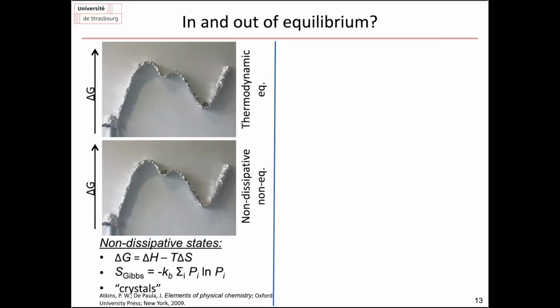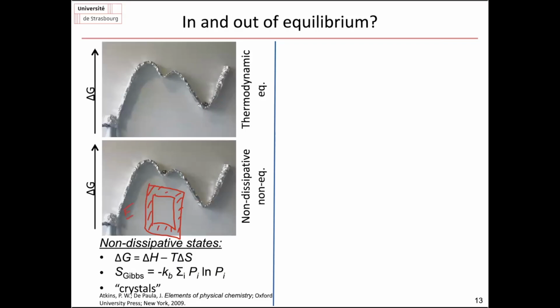So this we call a non-dissipative non-equilibrium state. So non-equilibrium, because there's only one thermodynamic equilibrium. So this is not thermodynamic equilibrium, but it's non-dissipative. That means if you take a kinetically trapped system and I put it in an isolated vessel, let's say, so it's fully thermally isolated, there's no exchange with the environment.